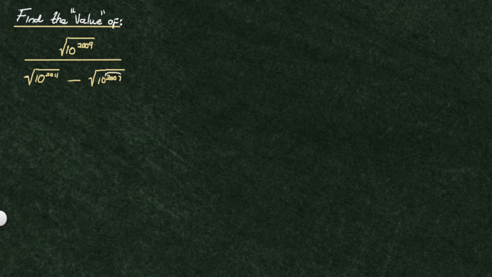All right. I don't know how you're going to approach this, but look at the exponents of your powers under the square roots. You need to pay more attention or look for the exponent that is the smallest out of the three, which is the 2007.